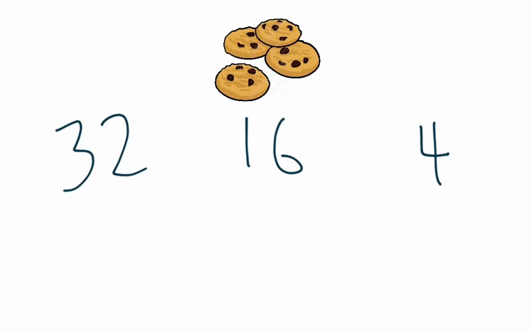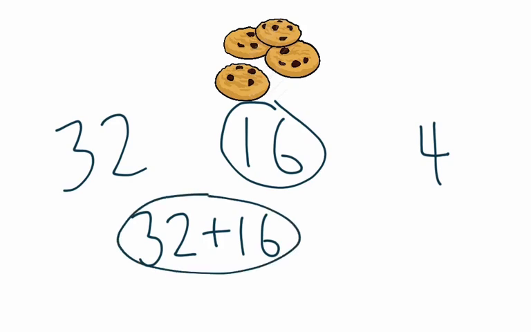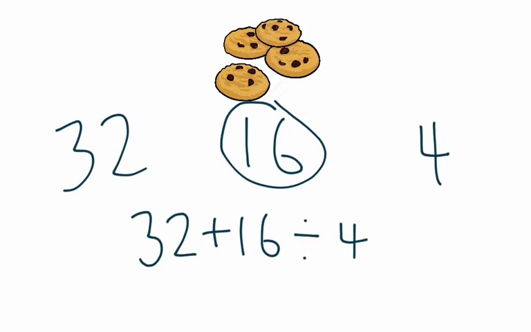Okay, so if we create an order of operation problem where we say, okay, 32, and then what did we do with our 16? Well, the 16 was more cookies that we made, so we need to find the total of cookies, meaning we need to add them together. And then we're taking our total of cookies and splitting it up into groups of 4, which means we are dividing.